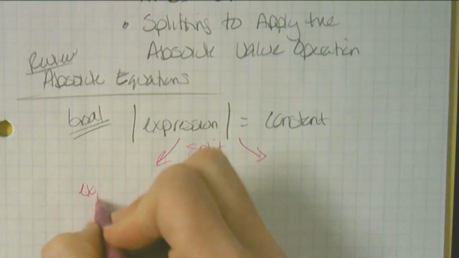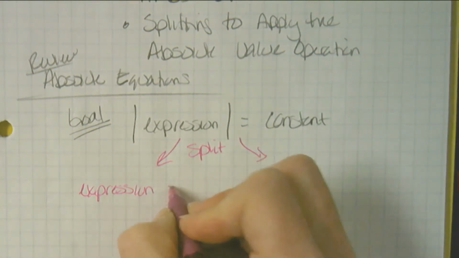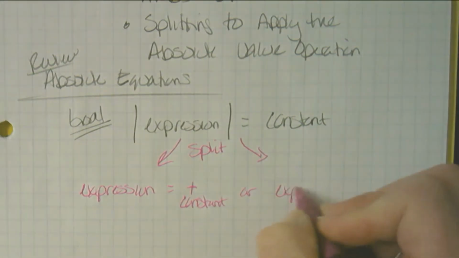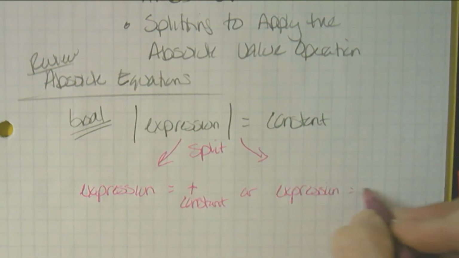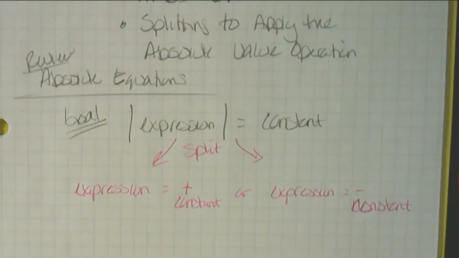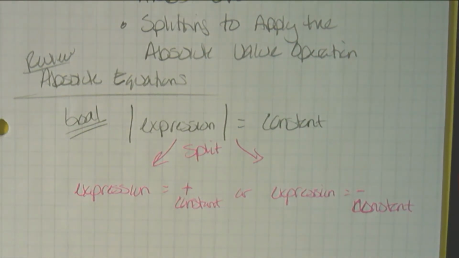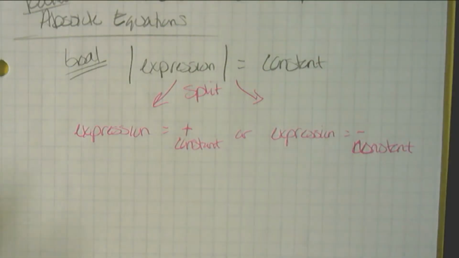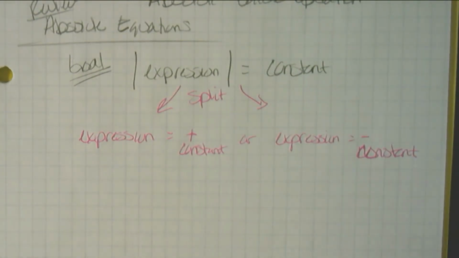And we split with the expression equal to a positive constant, or the expression equal to the negative constant, whatever that constant happens to be. That's how we split it. So for those of you that were still struggling a little bit with the absolute value equations, here's another summary of how we do it.